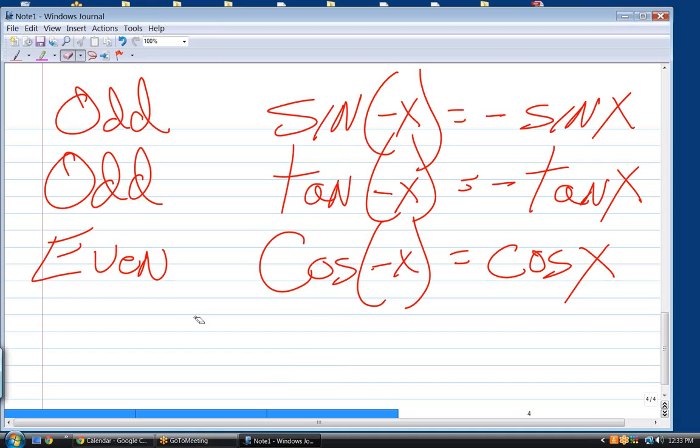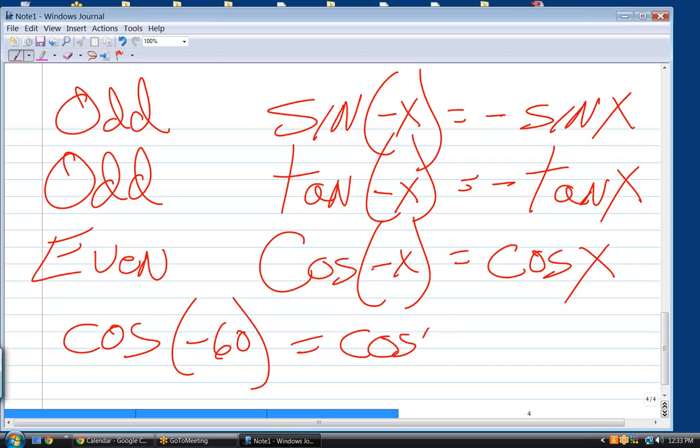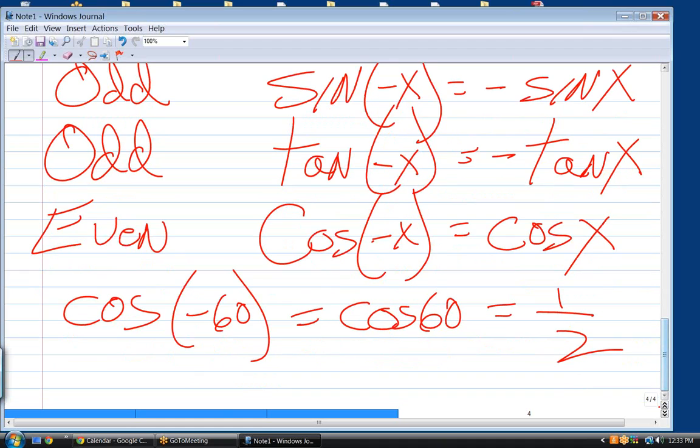And it's pretty easy because the only one that's even is the cosine of minus x. So what is the cosine of minus 60 degrees? It's the same as cosine of 60 degrees. Which is 1/2? Yeah. Notice that the sine of 30 is equal to the cosine of 60.